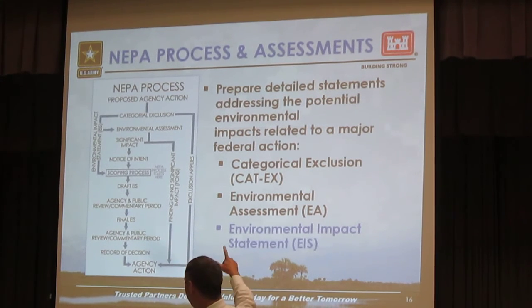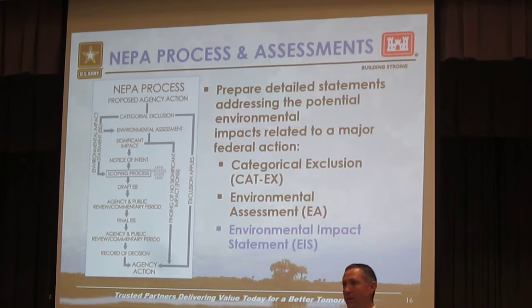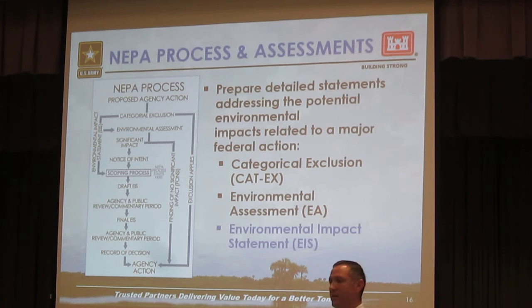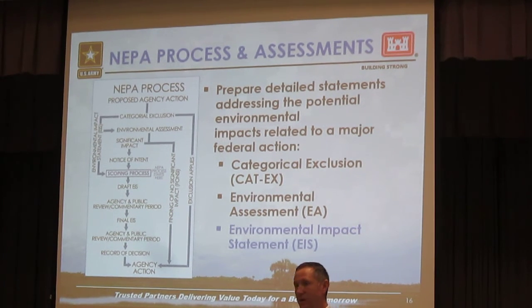And this is a detailed diagram of the process. What we're basically talking about is that, ultimately, we prepare a detailed assessment to consider what those effects are and measures to avoid, minimize, and mitigate unavoidable effects. And there are different types of documents. The one that's most important is what we're going to be considering with this project, because we believe there are enough issues here already, as part of how we look at CERP projects.